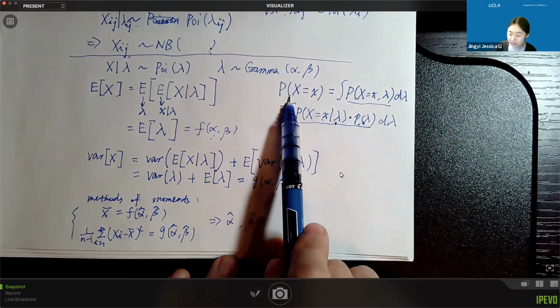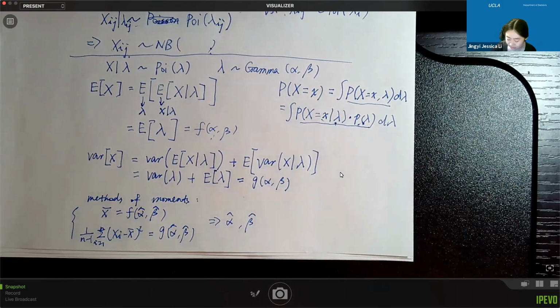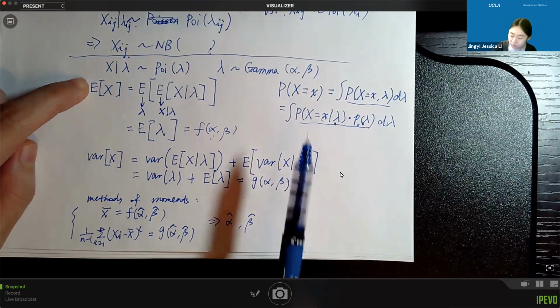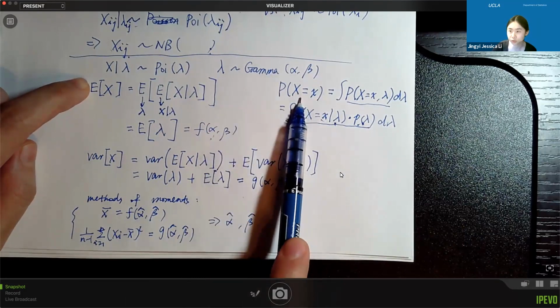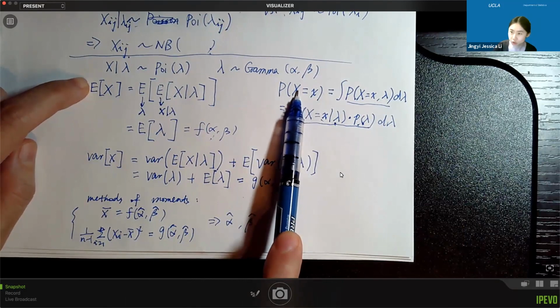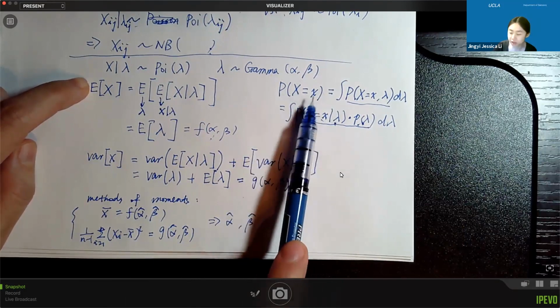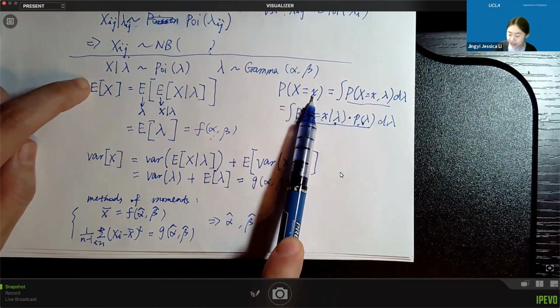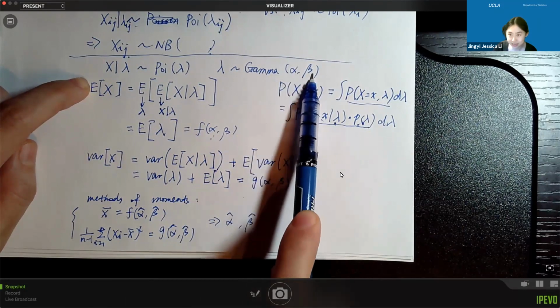And that is the negative binomial distribution to be specified. So to summarize, given this hierarchical model formulation, you will have the marginal distribution of X still as a count distribution whose values are non-negative integers, specified by two parameters, which I specify as alpha and beta here.